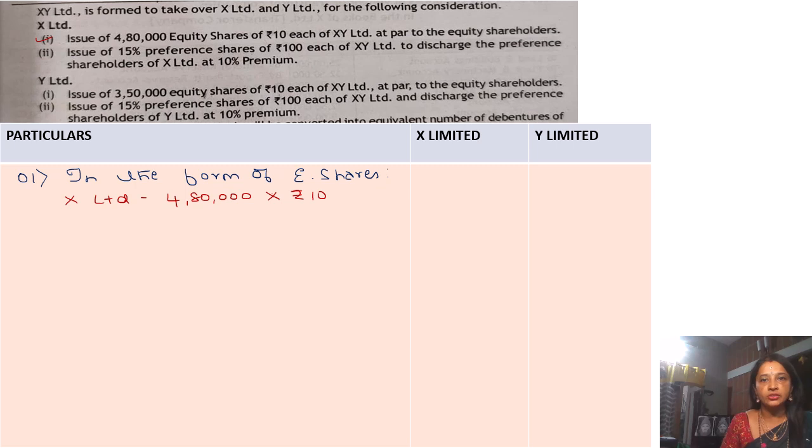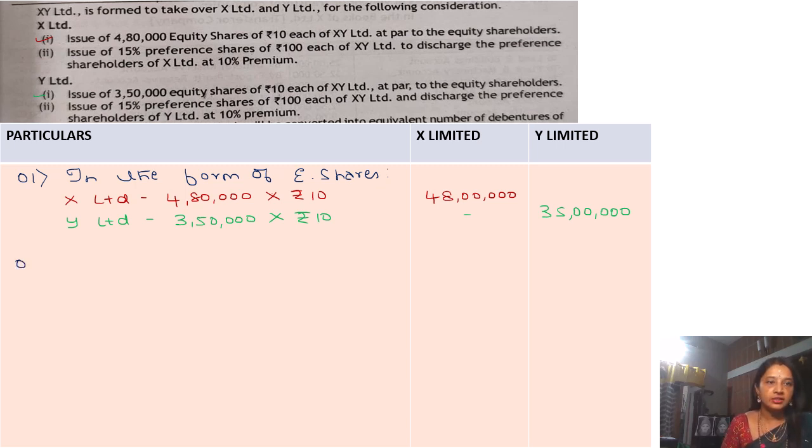So 4,80,000 into 10, that comes up to 48 lakhs. Now similarly for Y Limited, the number of shares, you have to look at the first point, is 3,50,000 equity shares of rupees 10 each. So for Y, it will be 35 lakhs. So this is in the form of equity shares.